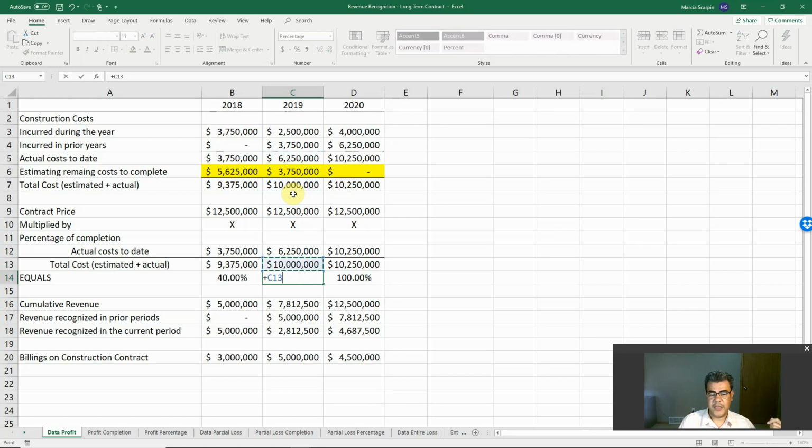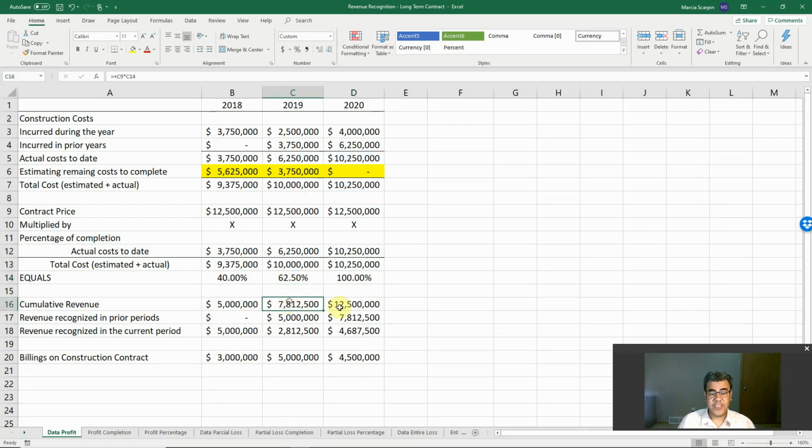So the formula is the same: 6.2 divided by 10. The third year is the same: our actual total costs divided by total costs, and the last year will always be 100% because our long-term contract is finished. Our building is done. So at the end of the second year, we have 62% of our building done.